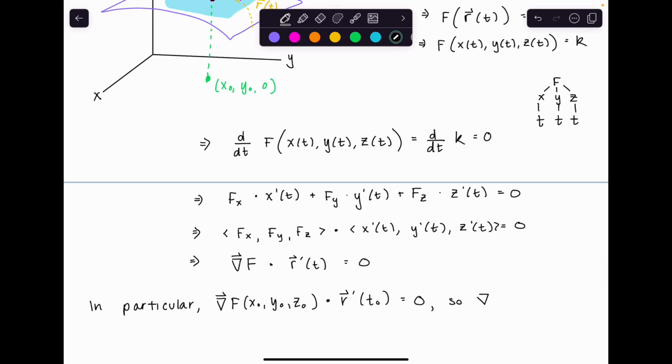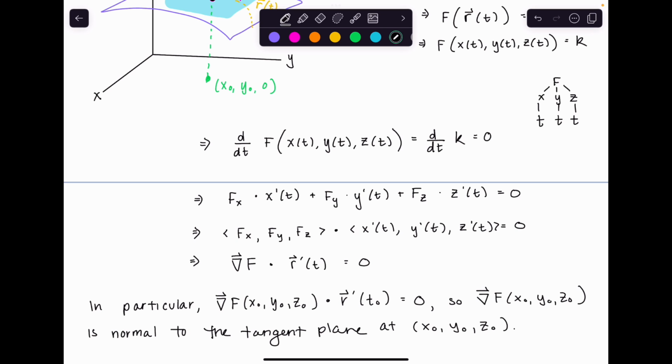So the gradient vector at that particular point is normal to the tangent plane at the specific point we're looking for.